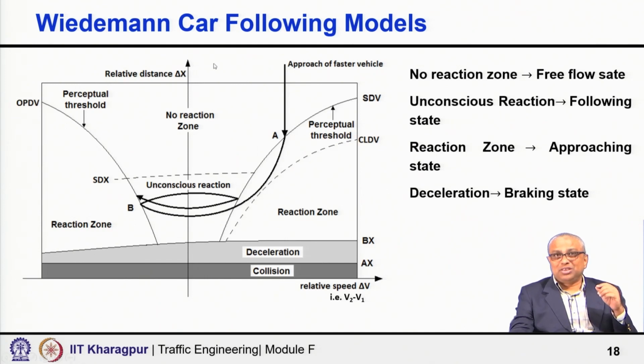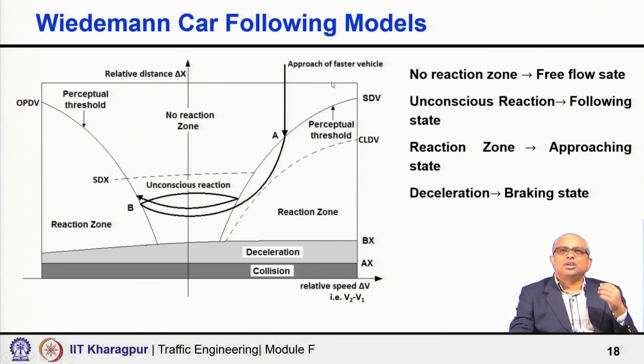So, remember that this is the axis. As you go up, your relative distance is increasing, and as you go to this side, the relative speed is also increasing, and below is the collision.